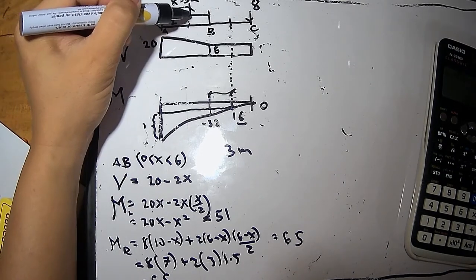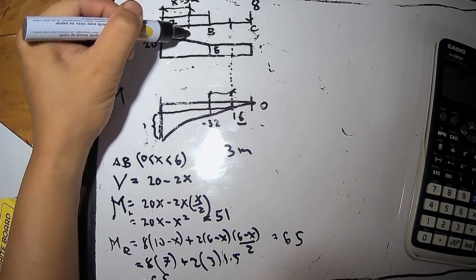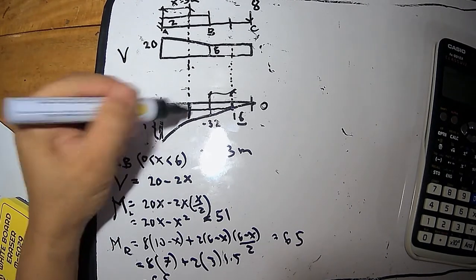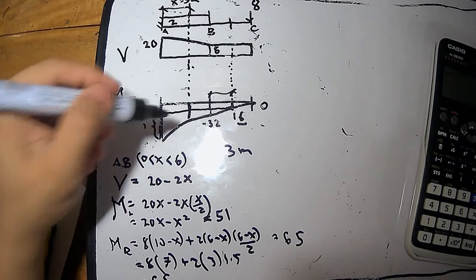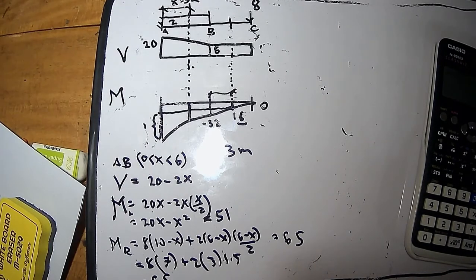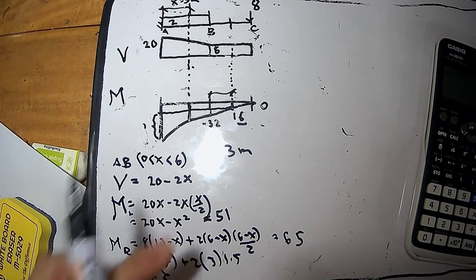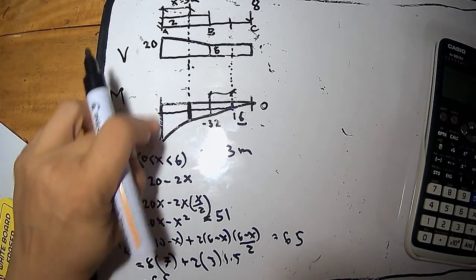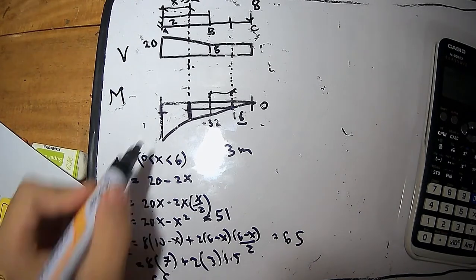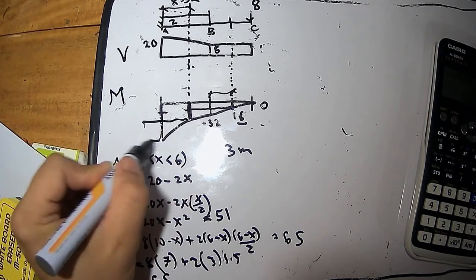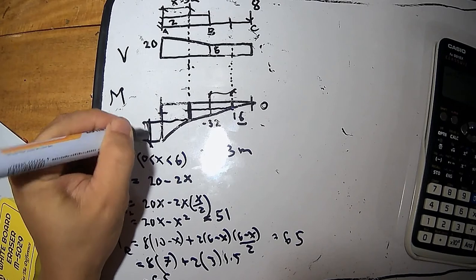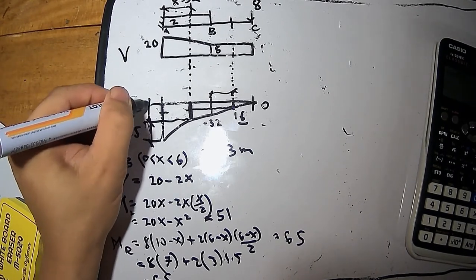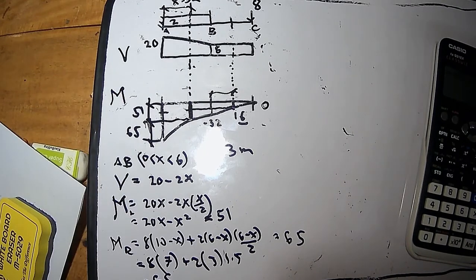So, i-plot ulit natin dito. So, from 3 meters, cut natin. Ayan. Nasaan ngayon yung 51? Okay? Yung 51 na yan, ito yon. So, that is 51. Ngayon, nasaan yung 65? It is this distance. Okay? Yan yung 65. Ito naman yung 51.